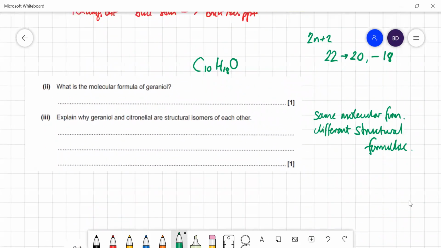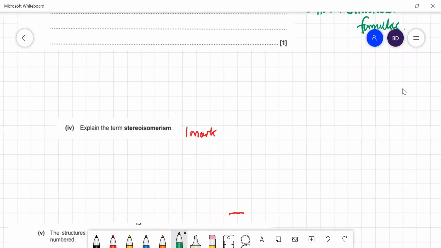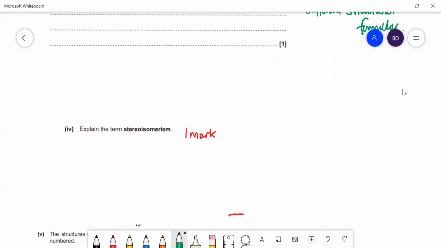It was asked on AS papers quite a lot as well. Explain the term stereoisomerism. This is another definition, and they ask this quite regularly. So I would say the same structural formula, but different arrangement of atoms in space or groups.